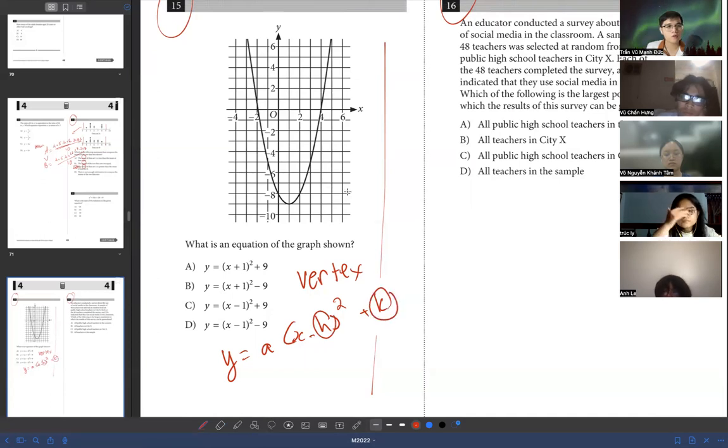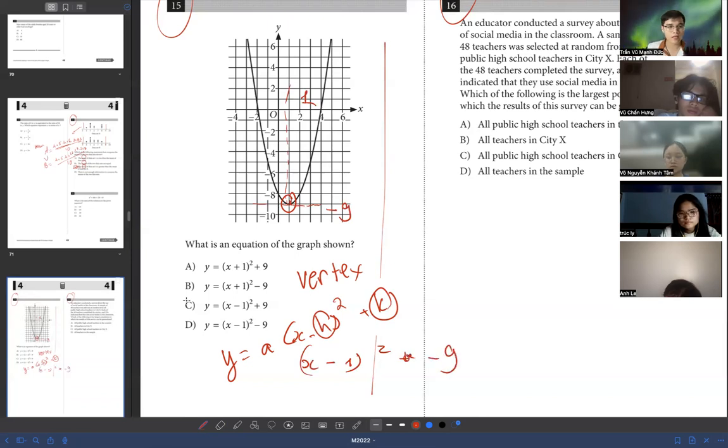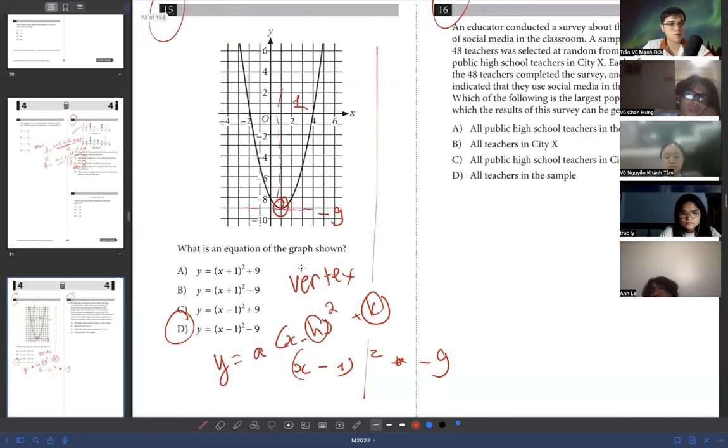They are the coordinates of the vertex, and you can just scale them down. Draw a horizontal and a vertical line from this vertex, and you get -9 and 1. And here you have x minus 1 squared plus k is -9, so it's -9. So you're going to get D. It's way quicker and way easier, and doesn't take you as much time.